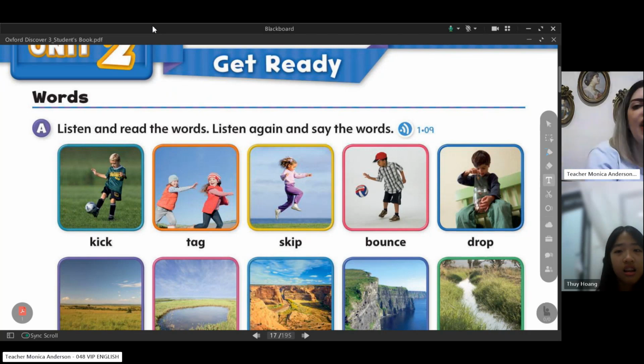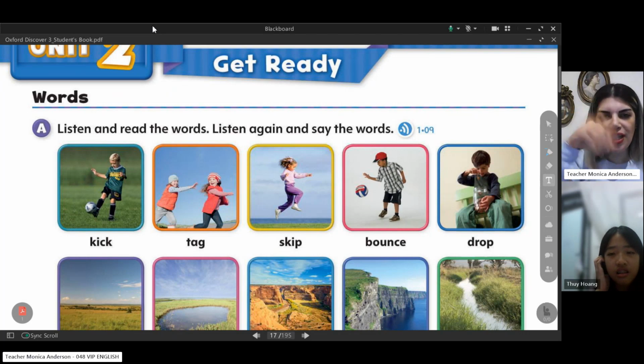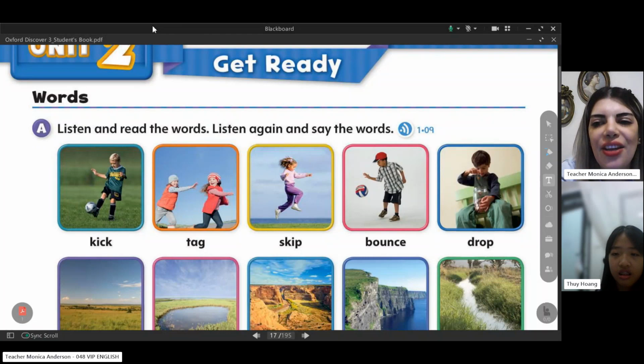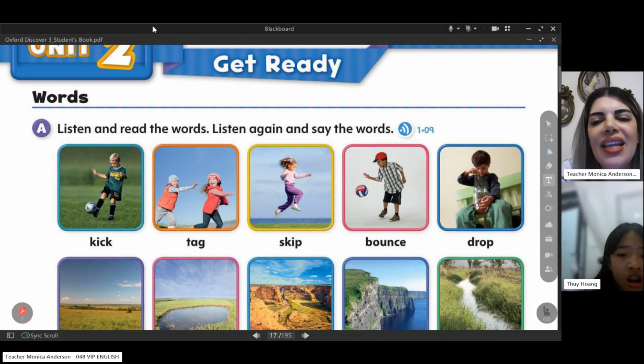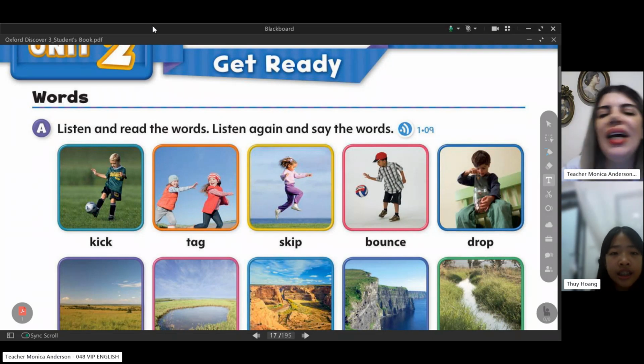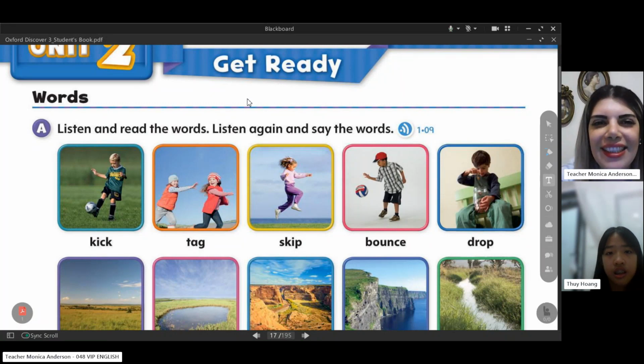Of course. So actually, this boy is dropping some coins into this container. So when you let something fall into something else, this is drop. Okay, drop. Well, I need to skip this part because we don't have more time, but next session we will talk about them, okay?